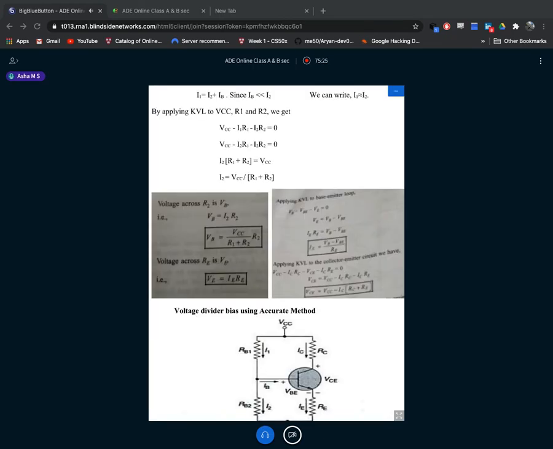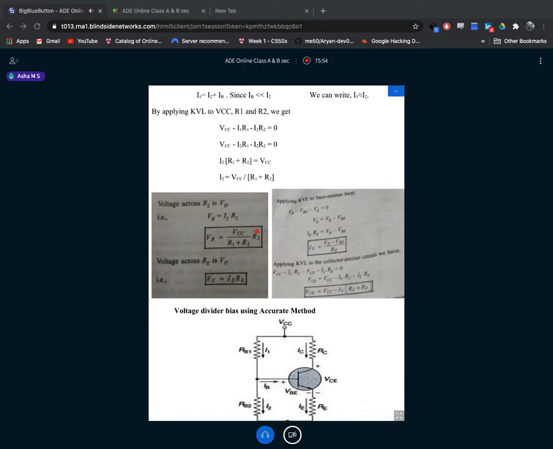VB is given by I2 R2, due to Ohm's law. I just calculated I2, so I substitute VCC divided by R1 plus R2 in place of I2, which gives VB is equal to VCC divided by R1 plus R2, into R2. So the VB value is calculated.